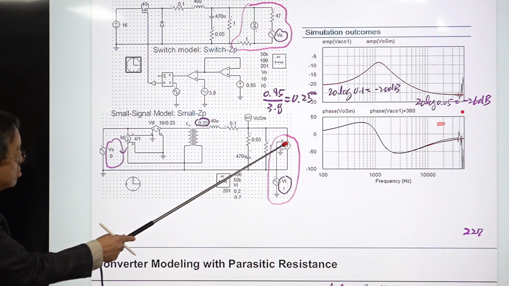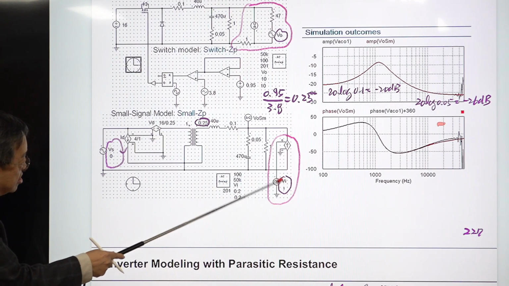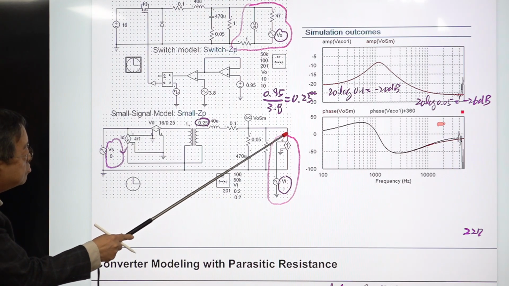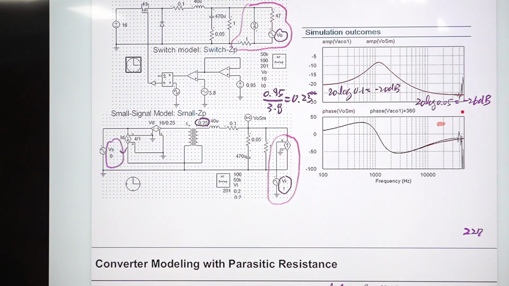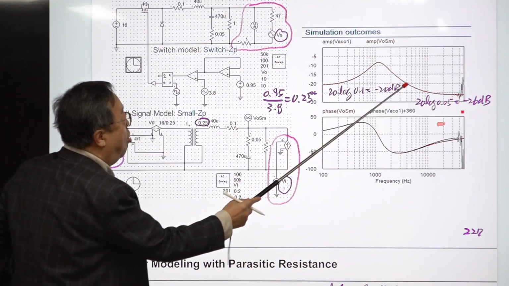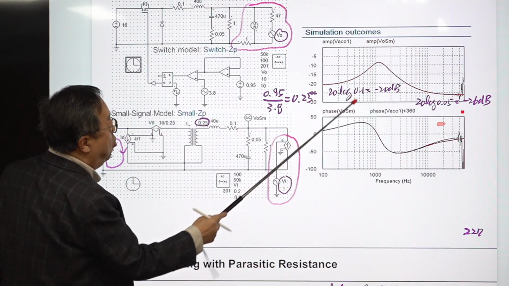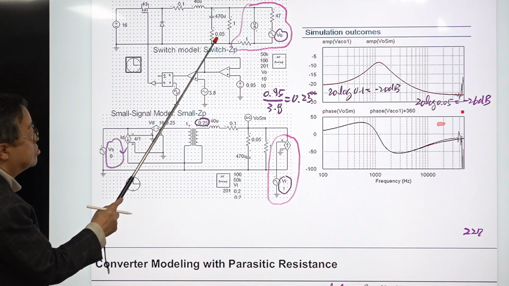This current source is driven by this voltage source, which generates the sinusoidal perturbation, converted to the current disturbance using this functional block. Okay? So this is the result. This is the open loop output impedance. We know this. The low frequency value is just this one, and the high frequency value is just this one.